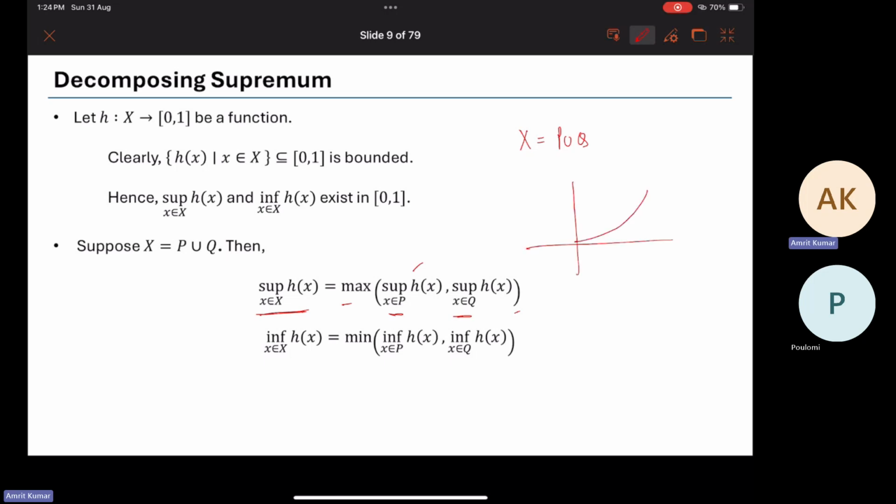So suppose my X is [0, 5] and f(x) is, say, x/(x+1). And suppose it looks something like this.